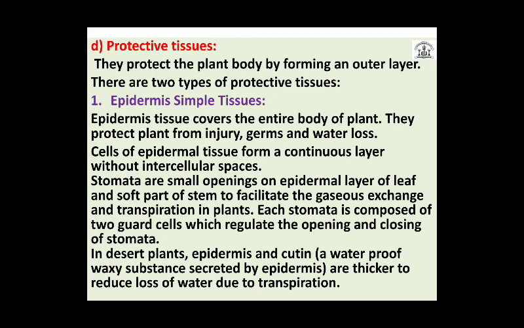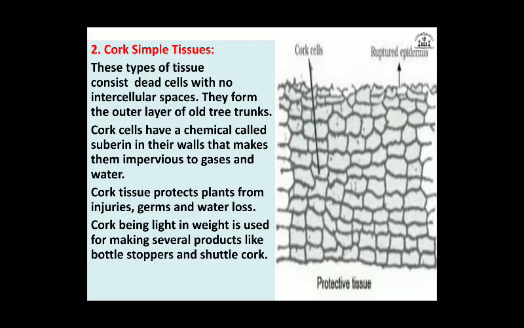And the last is the cork simple tissue. So this type of tissue consists of dead cells with no intercellular space. They form the outer layer of old tree trunks.